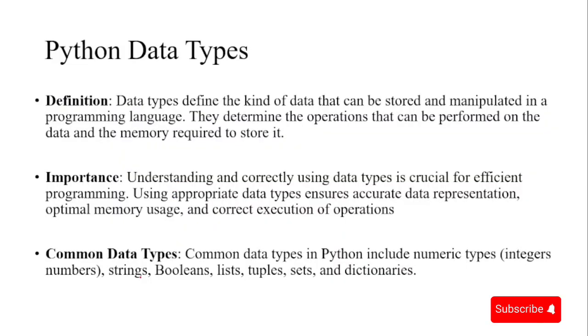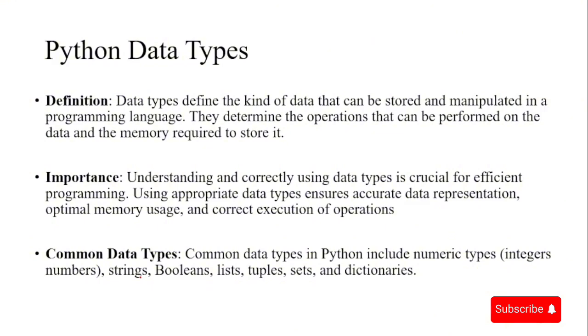Now we have the Python data types. So what is a data type? A data type defines the kind of data that can be stored and manipulated in a programming language.